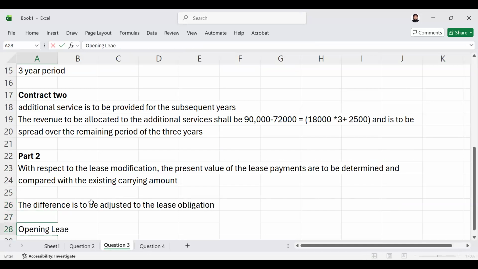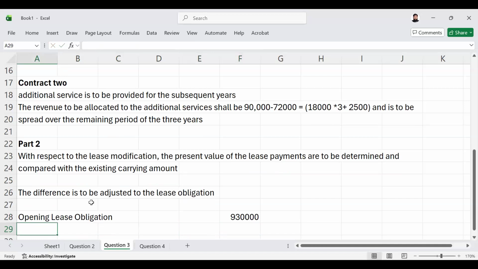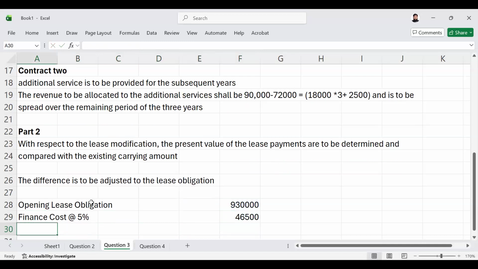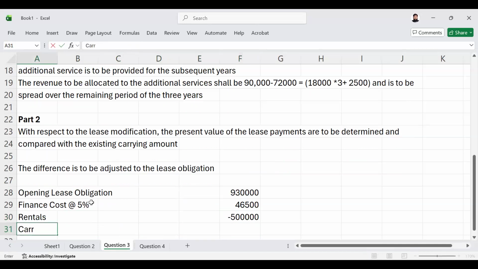So the opening lease obligation is 930,000. Effective finance cost at the rate of 5%. Rentals 500,000.